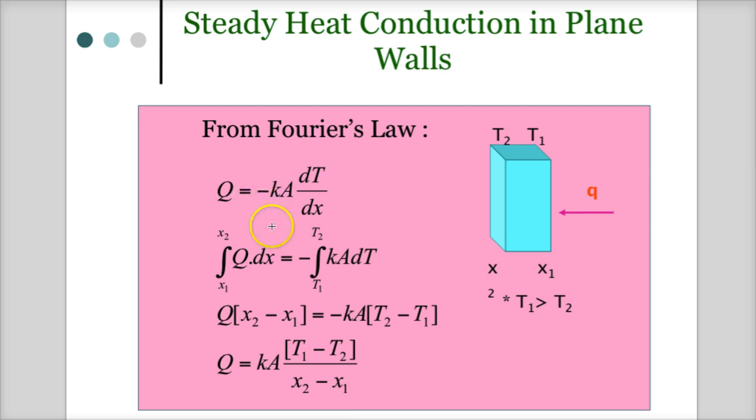How do we derive this equation? dT over dx, dx goes over, and it becomes Q dx equals minus kA dT. It's all about integration.